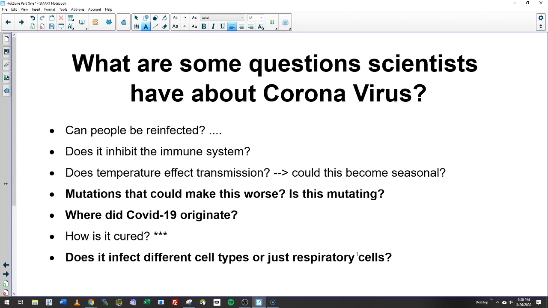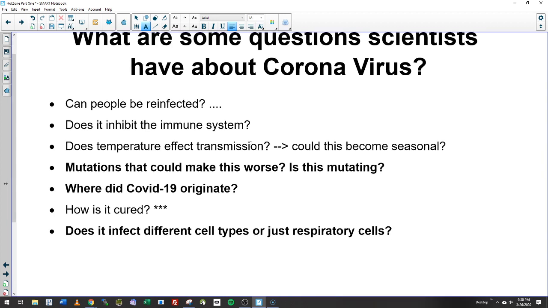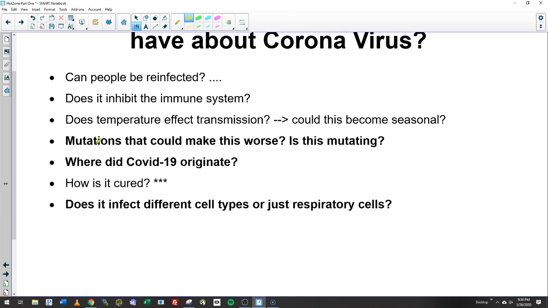So these are some big questions. The next thing I need to ask you is, if you want to answer these questions, there is one place you need to start, and there's one piece of information that you need to know about this coronavirus in order to talk about mutations, in order to talk about the origin or the divergence or the initial strain of COVID-19, like, where did it come from, and then its ability to infect other cells.